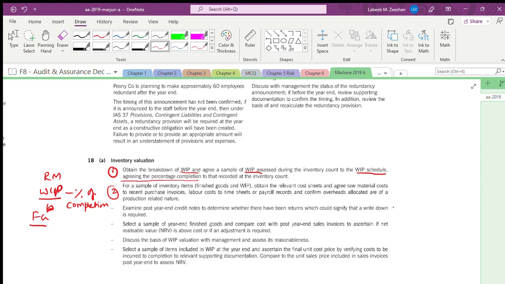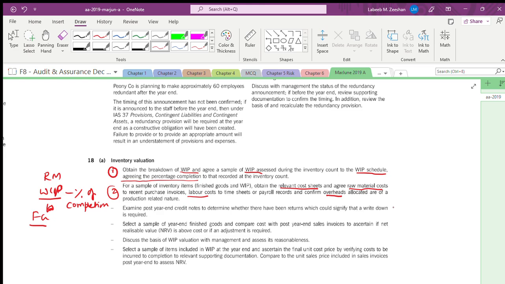Sample of inventory items in terms of finished goods. Obtain the relevant cost sheets, because finished goods and work in progress is basically where the cost happens. Once you are taking the cost sheet, you have to agree the raw material cost, the labor cost, and the overheads.